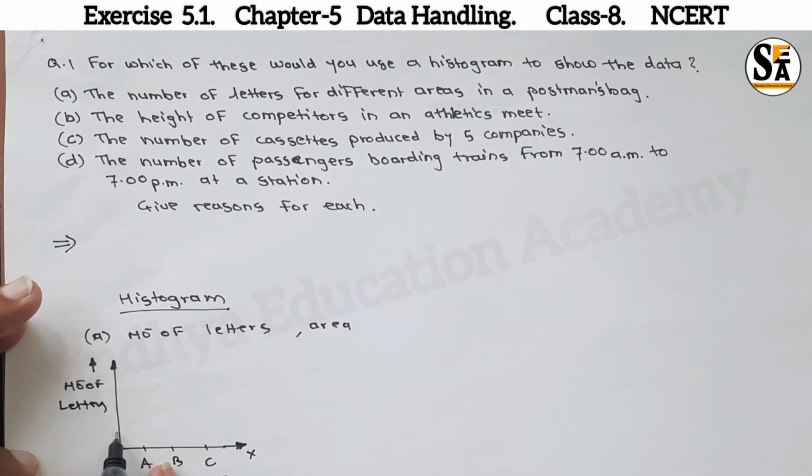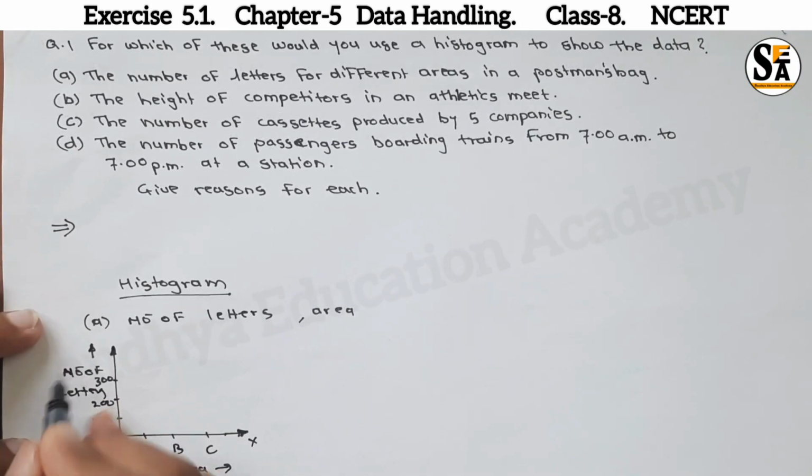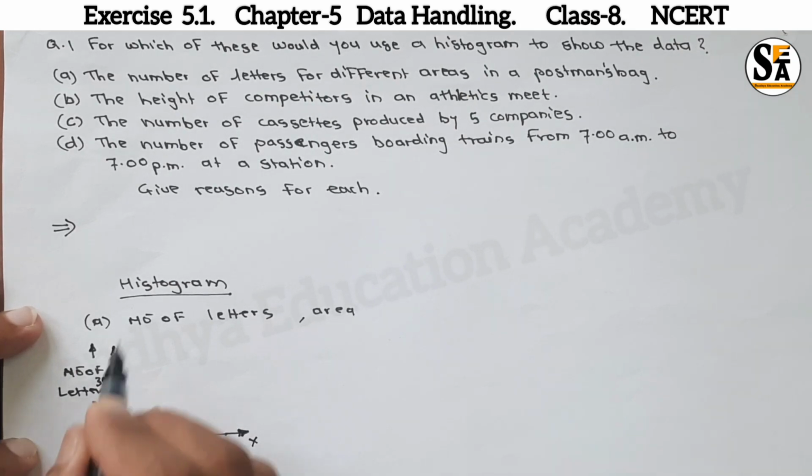Suppose for example we can say 100, 200. Let this be the scale: 100, 200, 300, like this, and A, B, C are the names of areas. So here we can plot this graph.